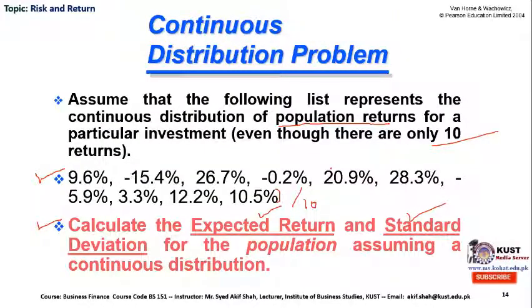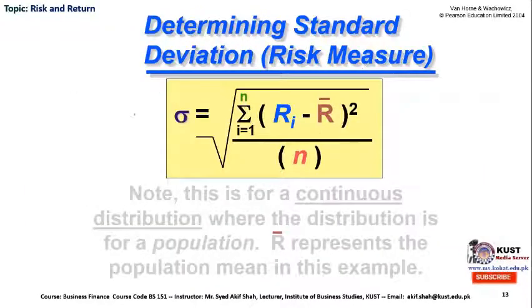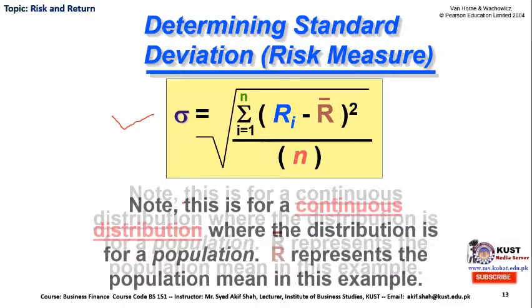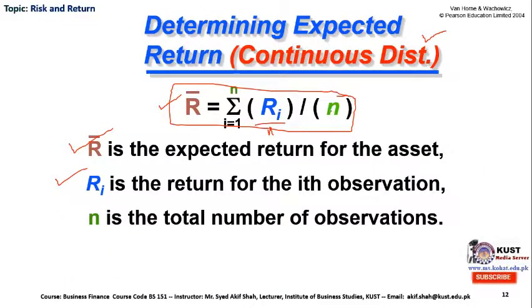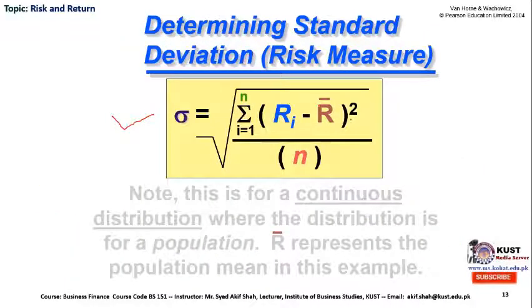Similarly, if we would like to calculate the standard deviation for this population rate of return, we can do that with the help of this standard deviation formula used for continuous data. Here the slide changes. Take Ri, the specific rate of return, let us take 9.6%, the first observation. Make two columns once again. One should represent Ri and another should represent the expected return. You subtract the expected return, which is R bar, that you calculated in the previous step, from Ri.